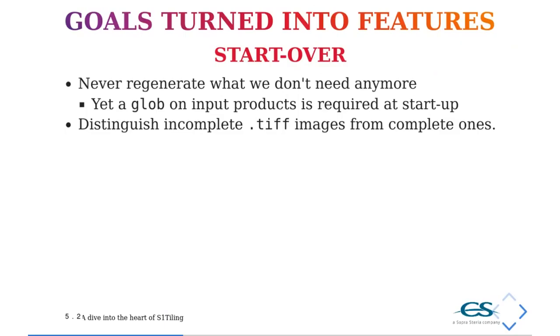Some other feature also: in the case the processing has been interrupted because the job on the cluster has been terminated or because there is a crash somewhere, a partial file has been produced, but this file should not be reused when starting over because the file does not have the right size, it's corrupted, and so it's handled thanks to a file extension.